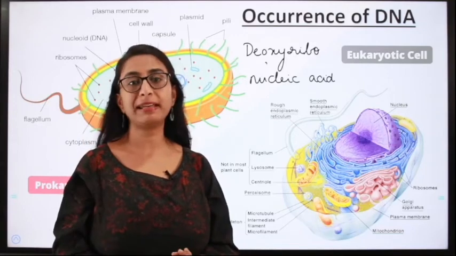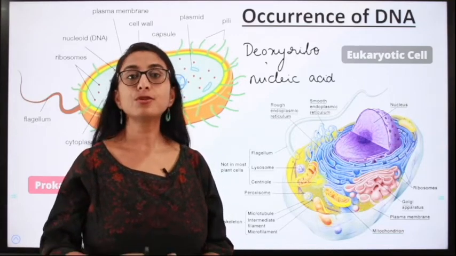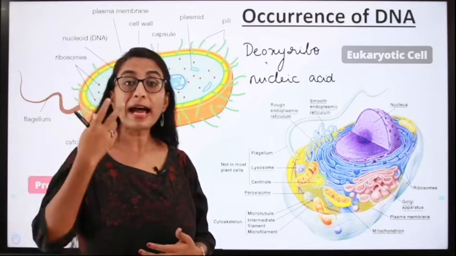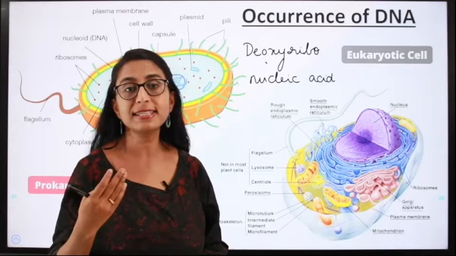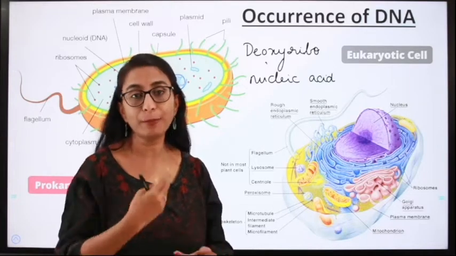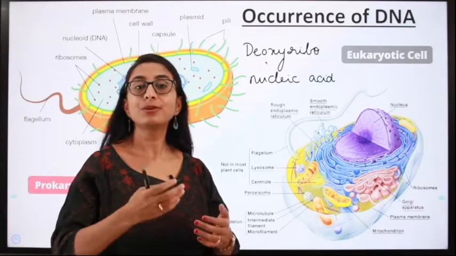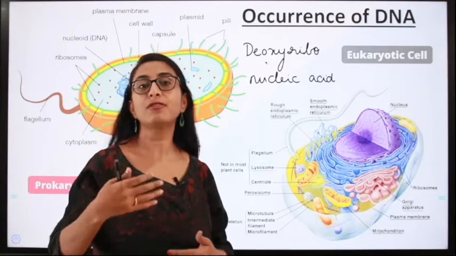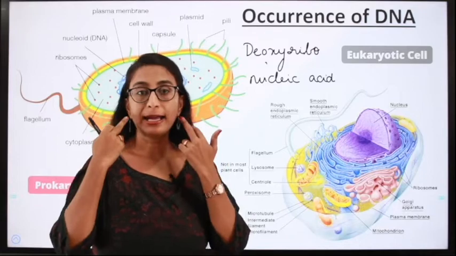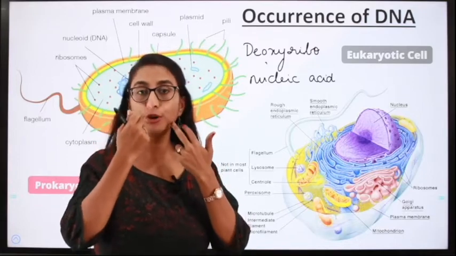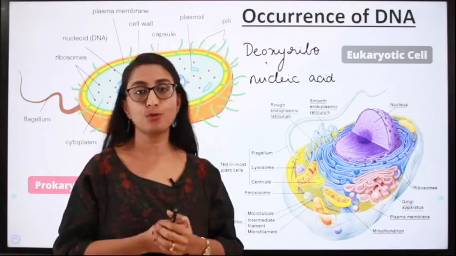Your skin color, your eye color or the shape of your nose is determined by the genes which you inherited from your parents, isn't it? So whatever genes you have inherited from your father or mother determines your eye color or your eye shape or your nose shape or your skin color and so on.